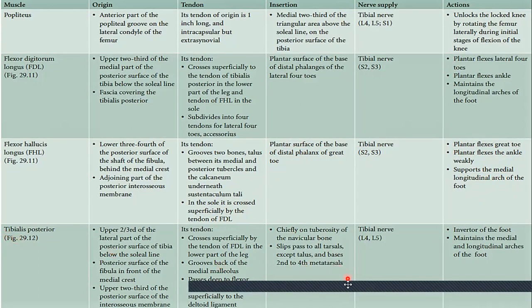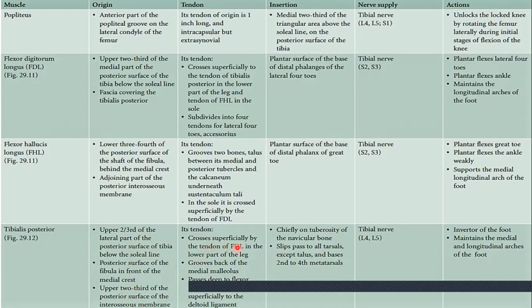Tibialis posterior. Now, tibialis posterior originates from the upper 2/3 of the lateral part of the posterior surface of tibia below the soleus line, also from the posterior surface of fibula in front of the medial crest, and from the upper 2/3 of the posterior surface of the interosseous membrane.